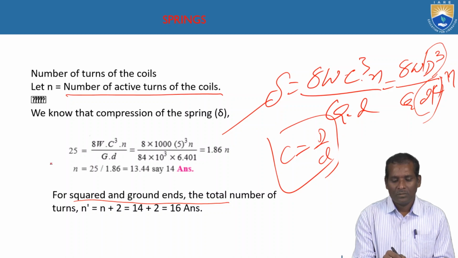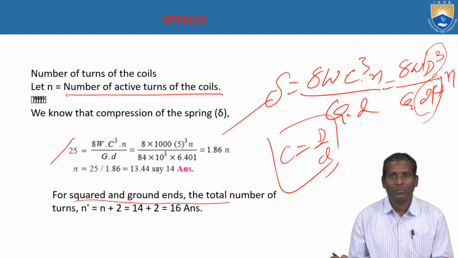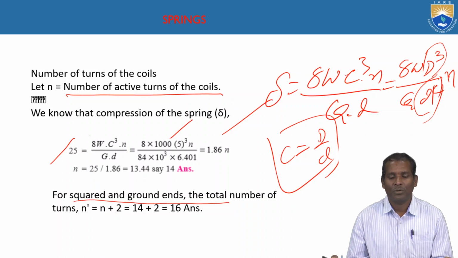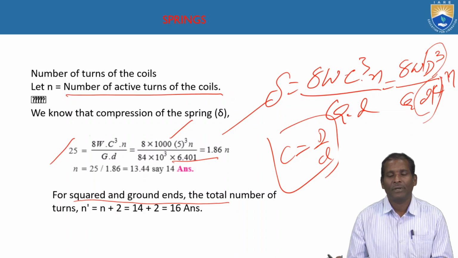Now the delta, the deflection, is 25, 8 into W into C cube into N by G d. So substitute the given load, C and G value and small d, the wire diameter.